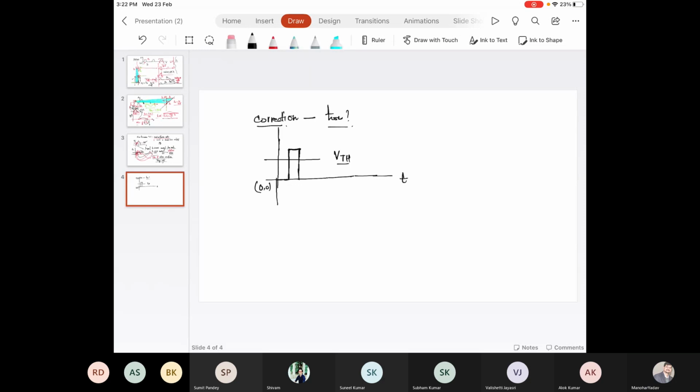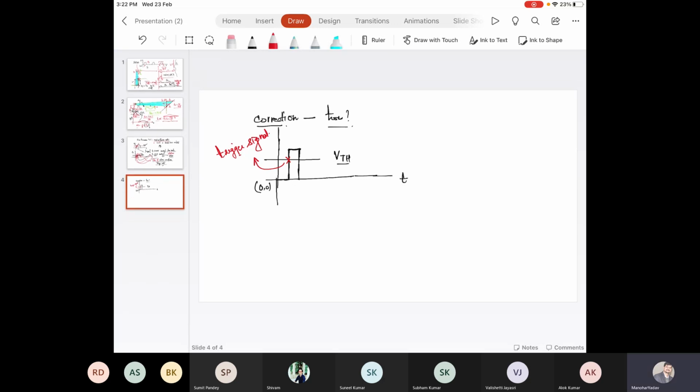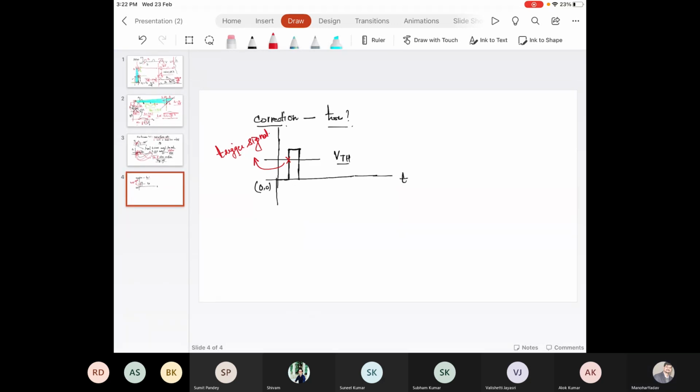And this is the point at the rising edge where the trigger signal is generated. But what happens in a practical case? The shape of the return pulse is not rectangular, rather it's Gaussian.